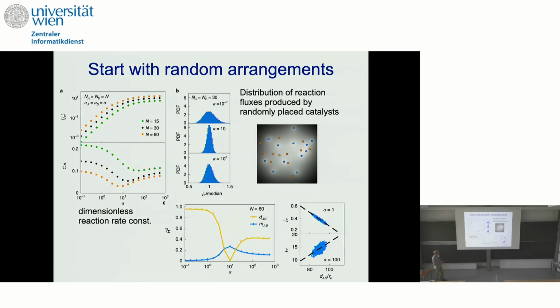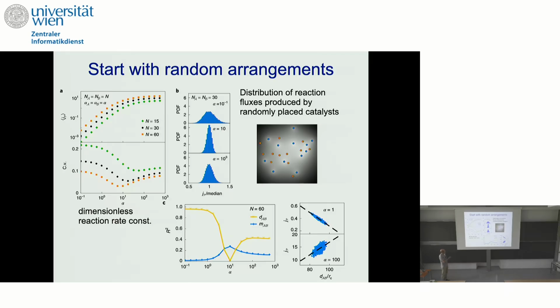Okay, so first thing, you can just play around with this. You can say, well, I just randomly place enzymes in the arena and look at the output. So basically look at the total reaction flux that is generated by a specific arrangement, and then generate a large ensemble of different, just random arrangements.